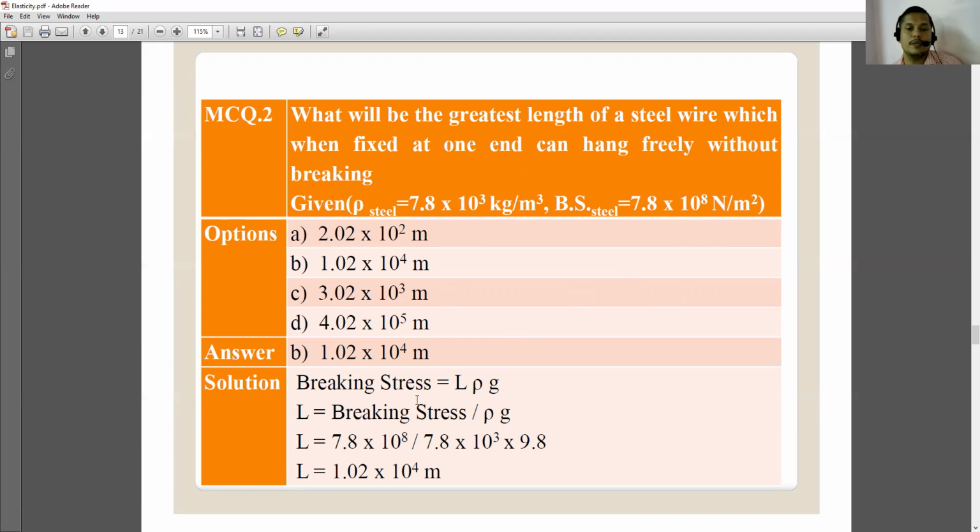So breaking stress is nothing but L rho G, and we have to calculate the greatest length, that is L. So capital L is breaking stress divided by rho into G. That is 7.8 into 10 raised to 8 divided by 7.8 into 10 raised to 3 into 9.8. After calculation, we get the value of L as 1.02 into 10 raised to 4 meter. So that is the option B answer.